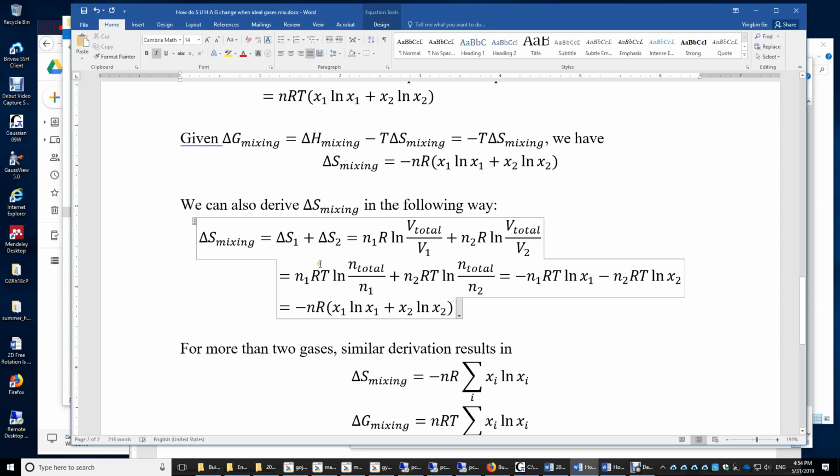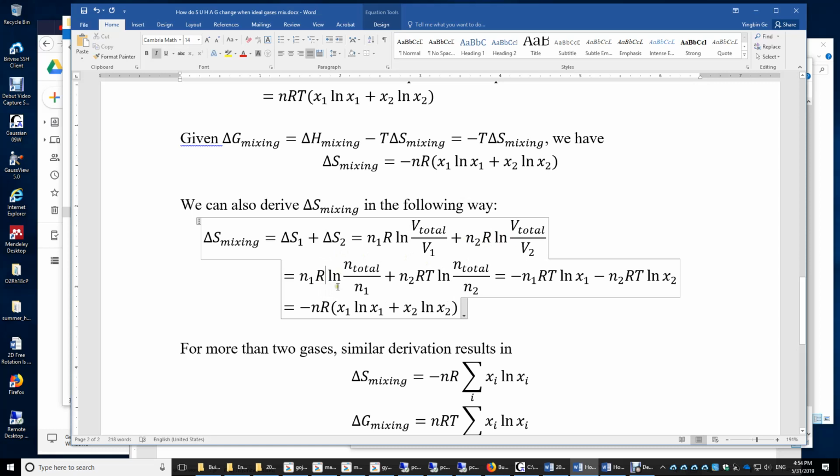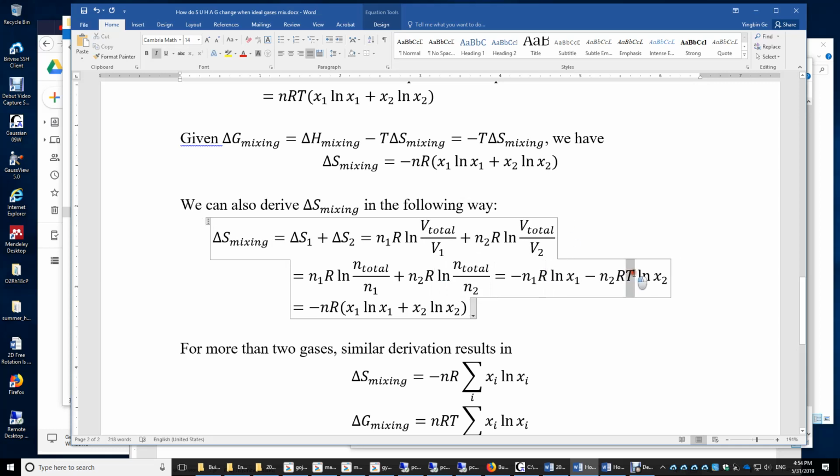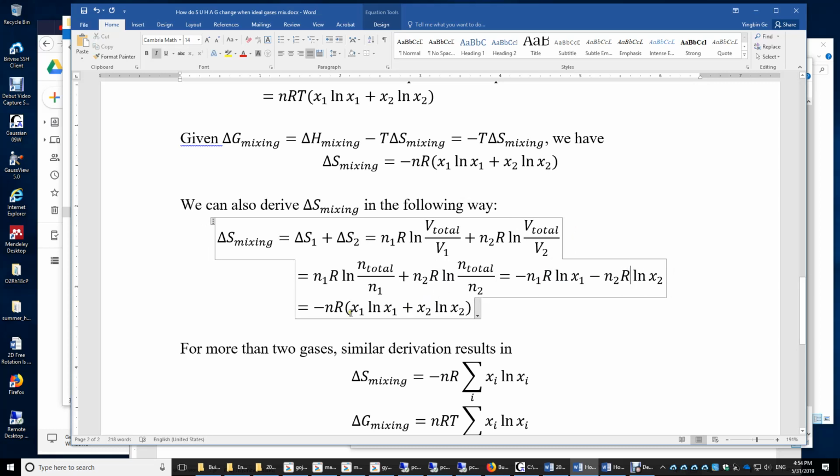Then we use the same equation for gas 2, and V total over V1 is equal to N total over N1. We proved this before, and we reorganize this equation, and finally we obtain the same expression for the entropy of mixing, negative nR times the sum of x1 times the logarithm of x1 plus x2 times the logarithm of x2.